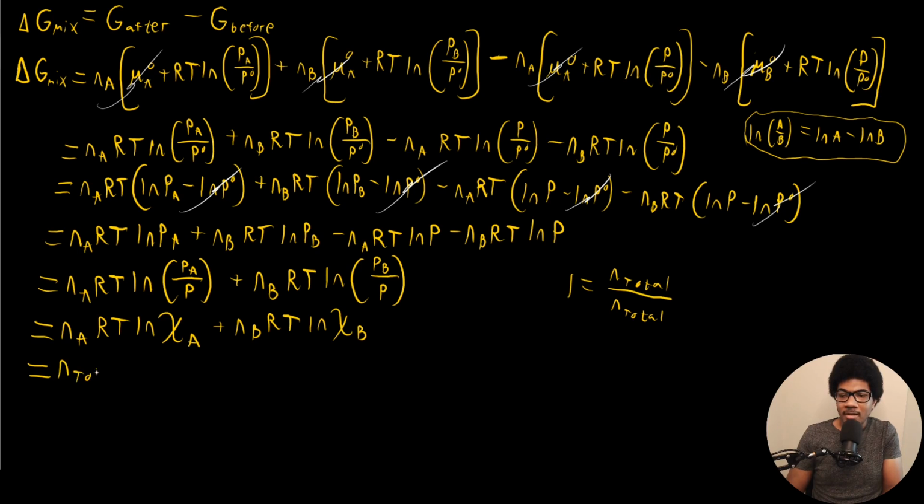So we'll have n total times the mole fraction of A, RT ln mole fraction of A, plus n total times the mole fraction of B, RT ln the mole fraction of B.